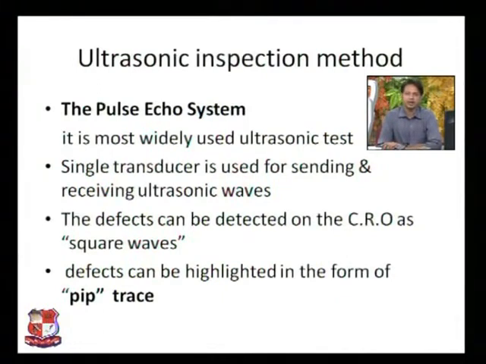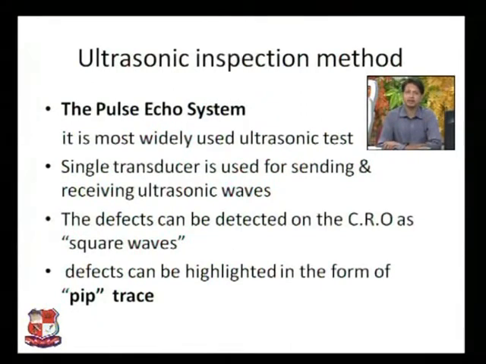Defects can be highlighted on the CRO. We can detect that defect in an output. That means ultrasonic waves have one property: they can travel far in a medium and will only reflect back when they meet an obstacle. That means from one end, if we are passing ultrasonic waves in a material, they will reflect back from the bottom surface of that material.